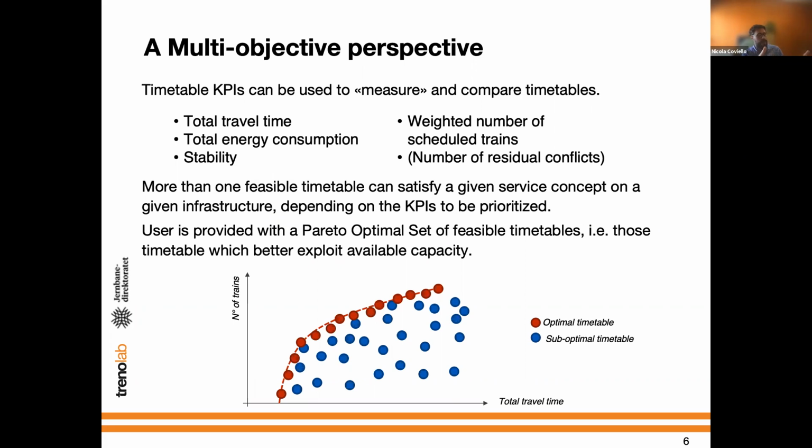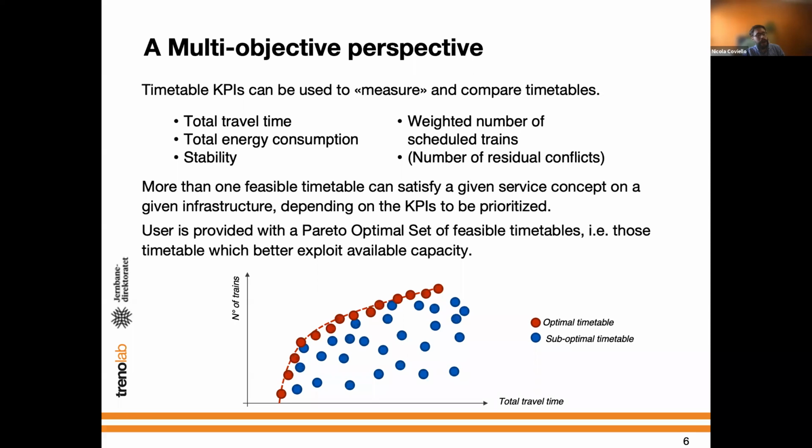Promising from the point of view of a set of KPIs that are our actual objective functions in our algorithm, that in our case are the total travel time, the total energy consumption, the resulting timetable stability, the number of scheduled trains in case we have optional trains, so trains that we can decide whether to schedule or not, or in some specific cases, the number of residual conflicts.